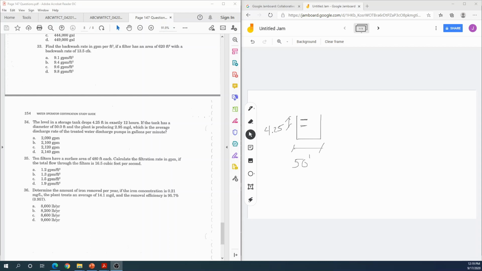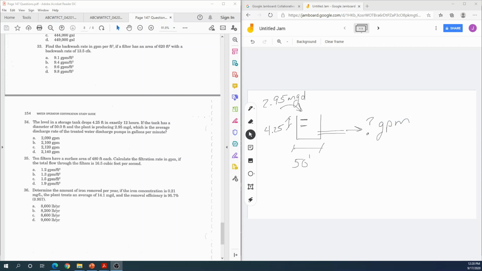We have pumps that are pumping out of this to get that drawdown. But we also have inflow because the plant is producing 2.95 million gallons per day. So what is our outflow rate here in gallons per minute?